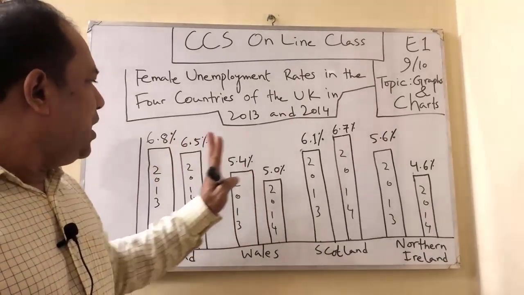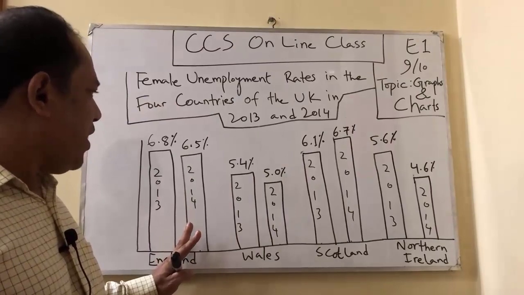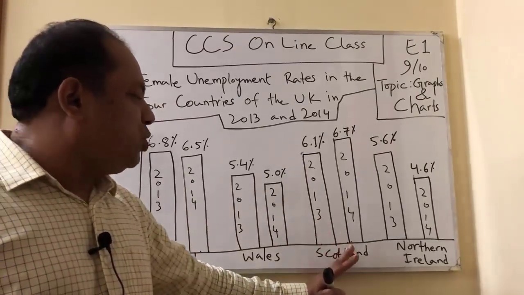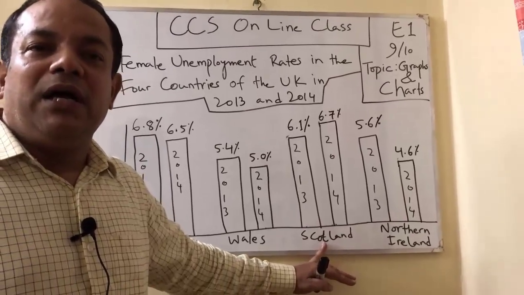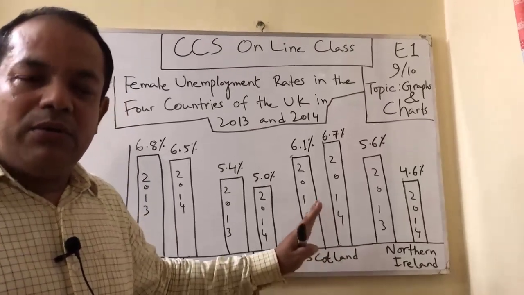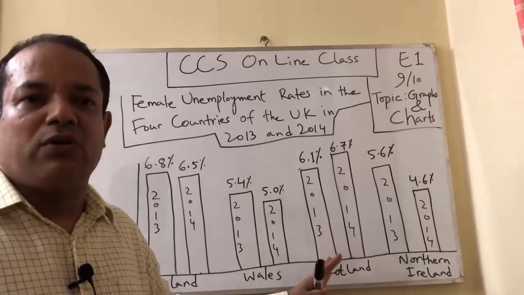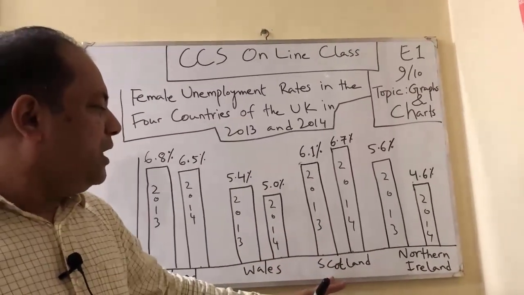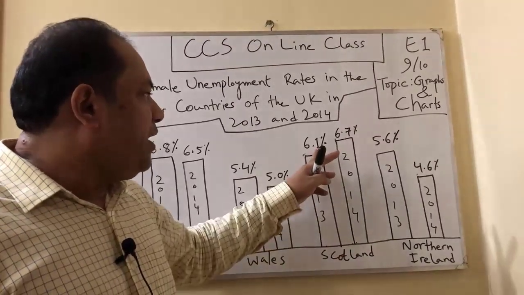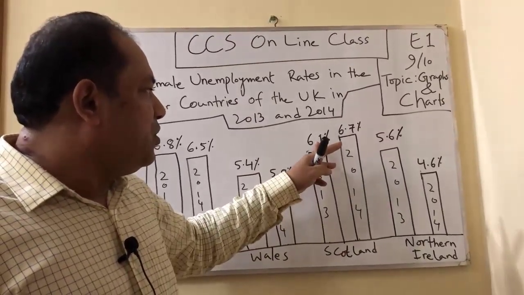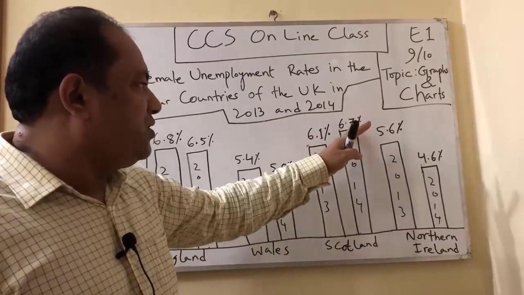After this country, in the second position, the country is Scotland. Scotland is in the second position. For example, in 2013, the rate of female unemployment was 6.1%, and in 2014 it decreased.